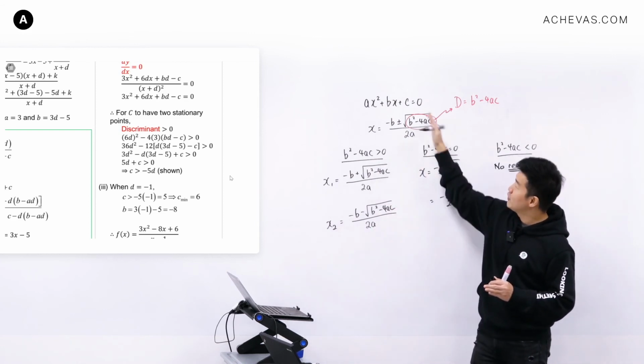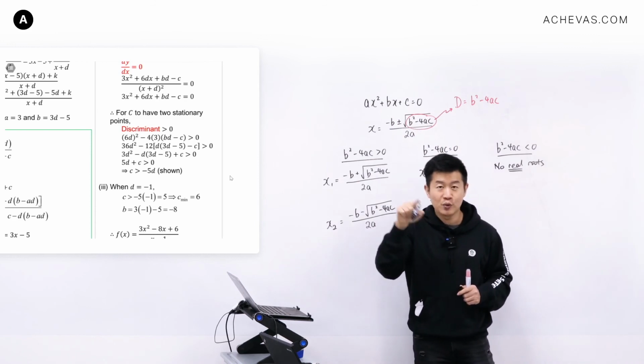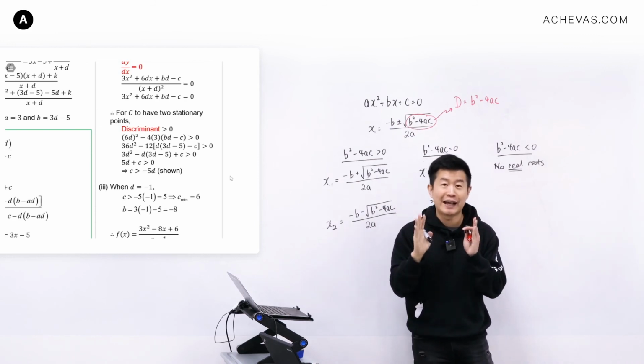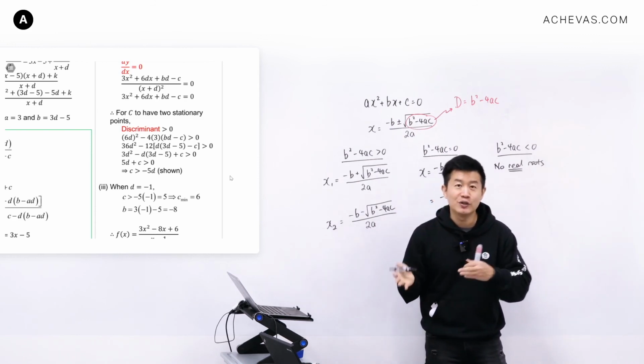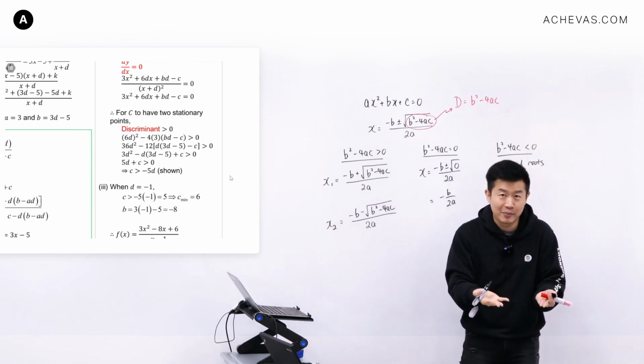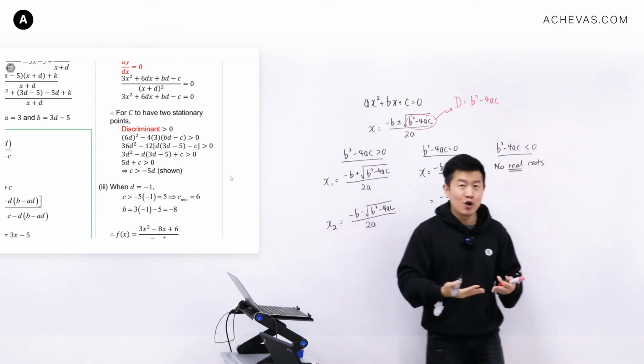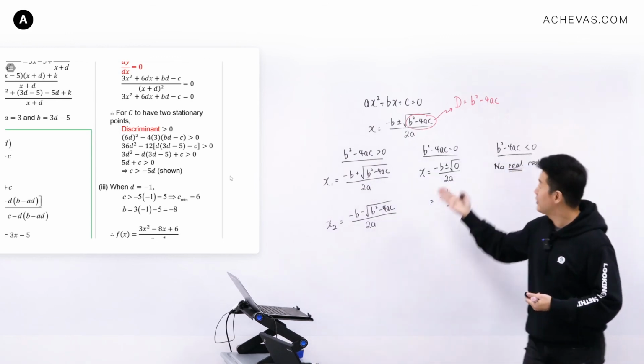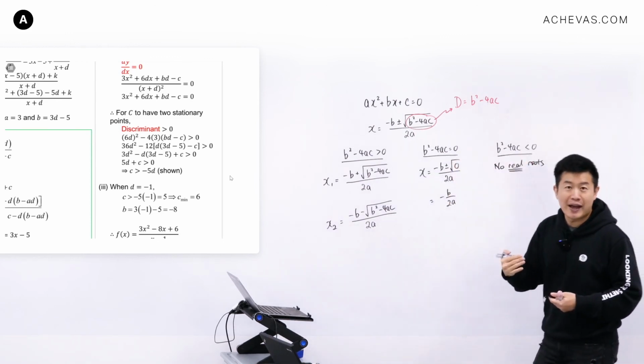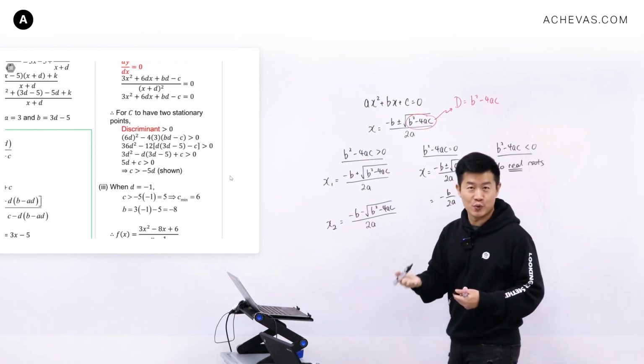When b squared minus 4ac is less than 0, we take the square root of a negative number, and this derives for us a complex number. So we are going to be getting roots. It is just that those roots are not real numbers. So when b squared minus 4ac is less than 0, we are expecting no real roots.